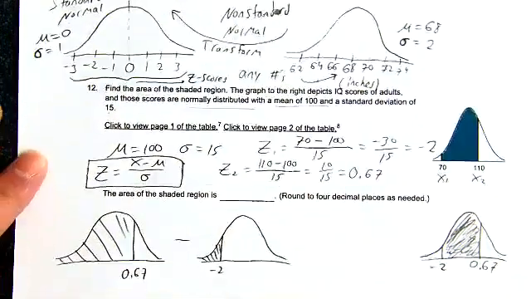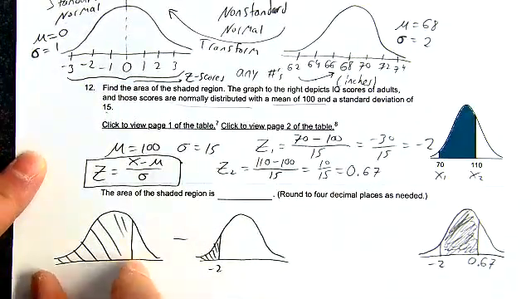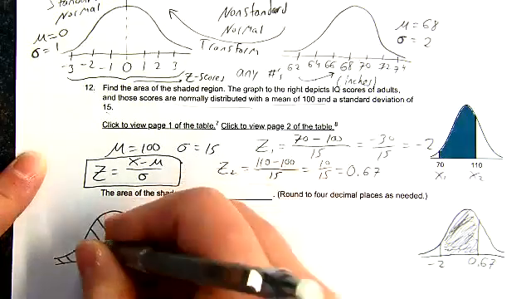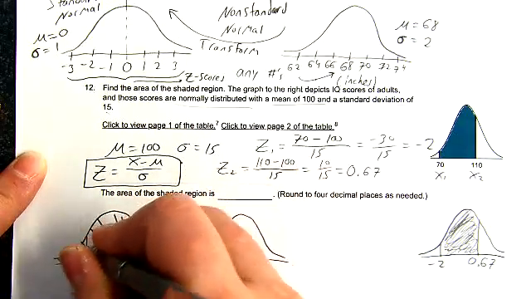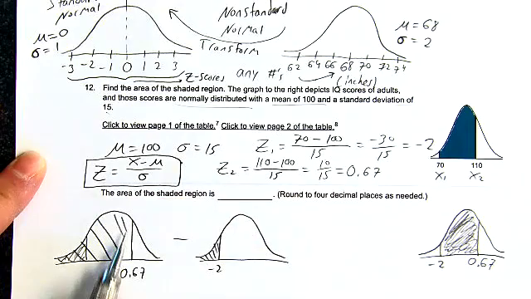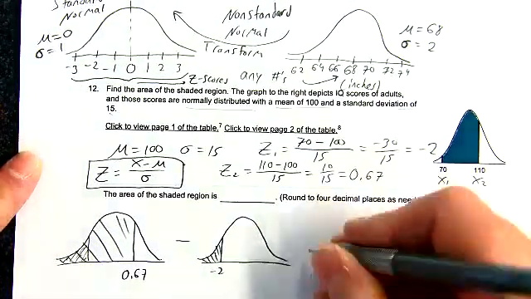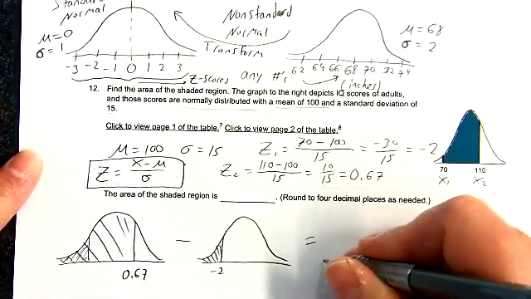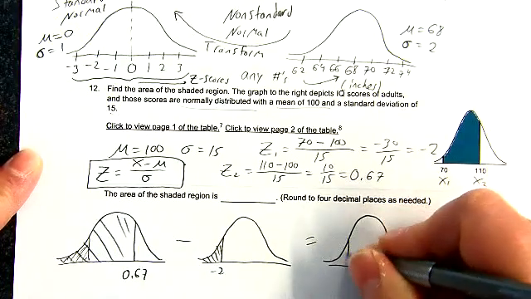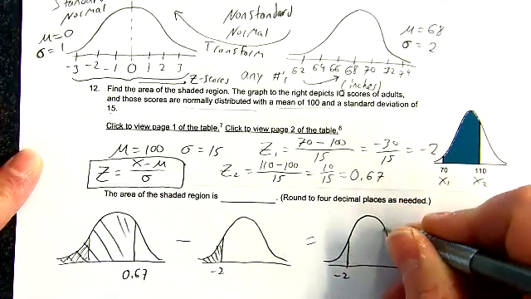And again, if you can imagine taking this area and subtracting this sliver from it. So if I subtract out this sliver, then I get the area in between that I want. That's going to equal this area here.